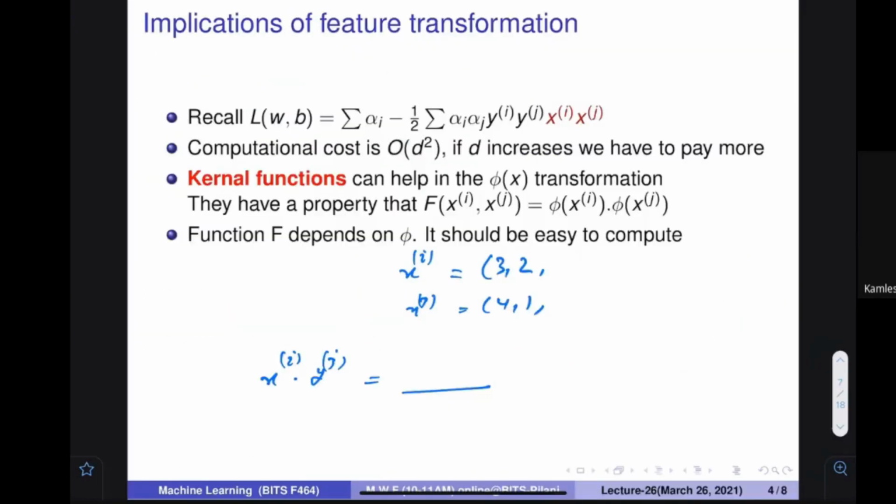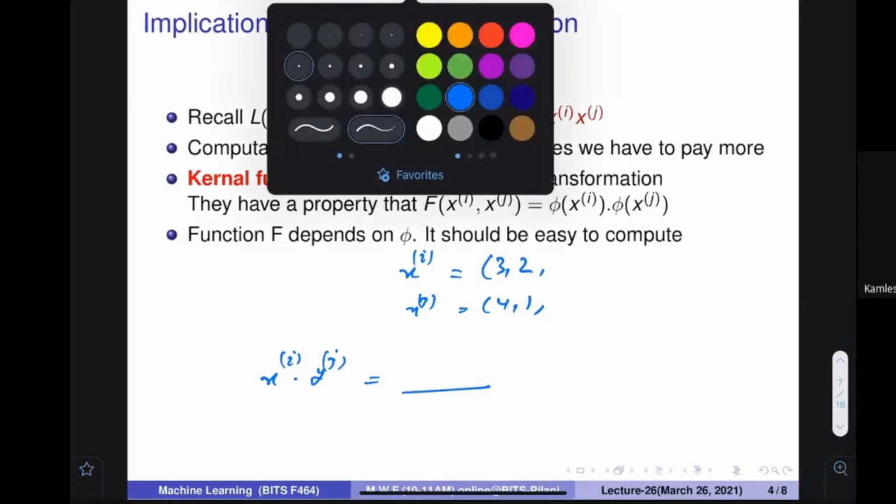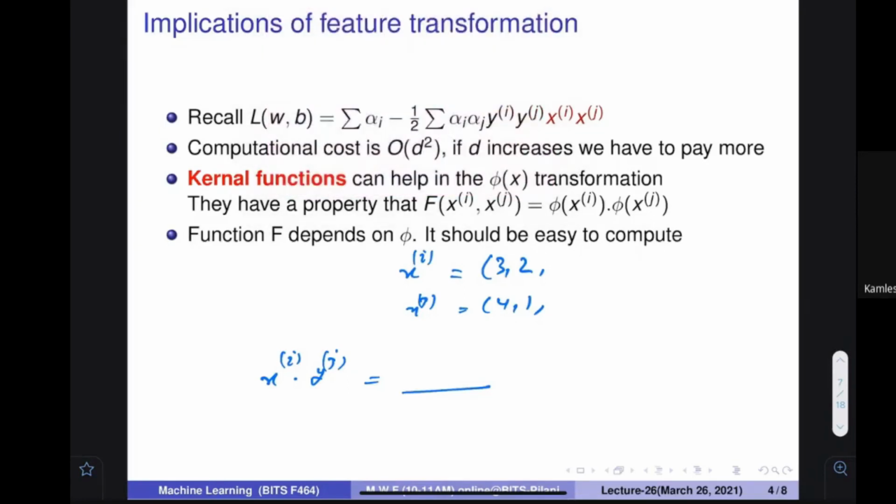So here also, if I want to find the similarity, let's assume that we apply some phi on this particular item, and by this we get a few more values. By applying this phi, I have transformed this data from one space to another. Everybody is okay with that?